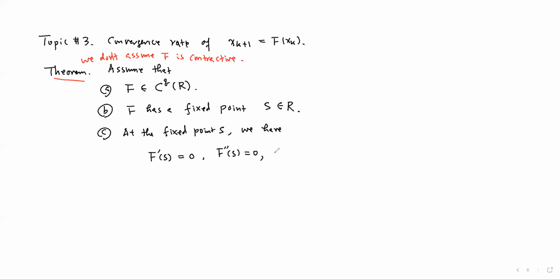The third derivative at S is 0, until taking the derivative q minus 1 times at S, still 0. But taking the derivative q times at S is non-zero.